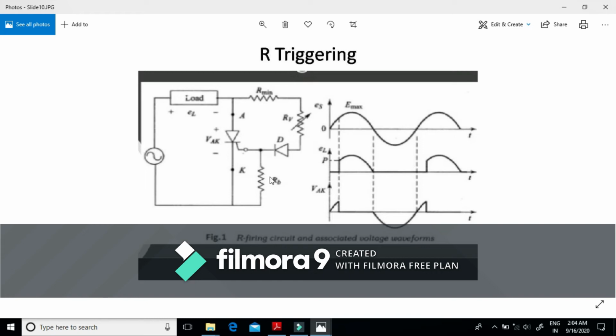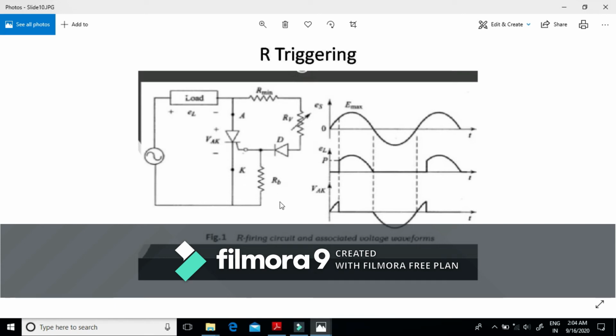The main motive of this triggering circuit is to build up the voltage across this resistance RB, and this can be done if we lower the resistance of this RV. If the resistance value is high, the current across the path will be low, and similarly the voltage across this resistance will also be lower.